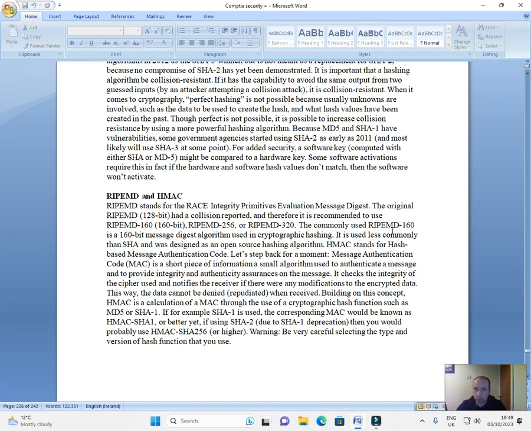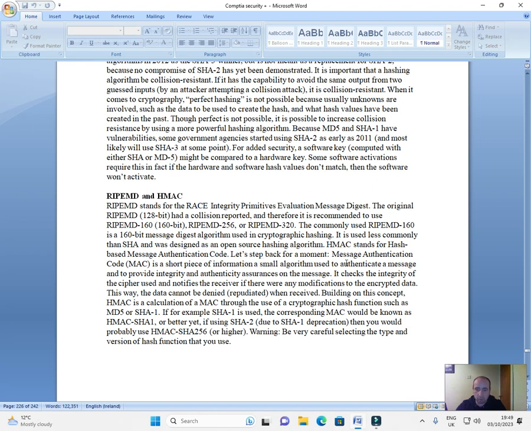The commonly used RIPEMD 160 is a 160-bit message digest algorithm used in cryptographic hashing. It is used less commonly than SHA and was designed as an open source hashing algorithm. HMAC stands for Hash-Based Message Authentication Code.